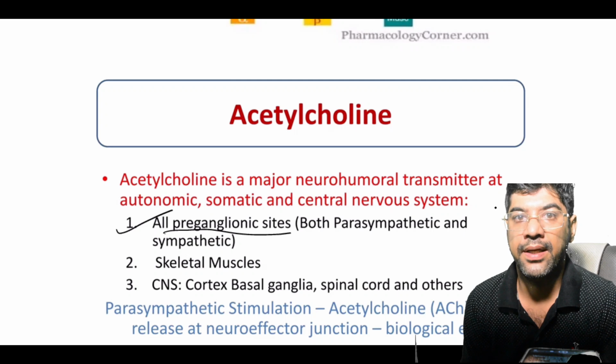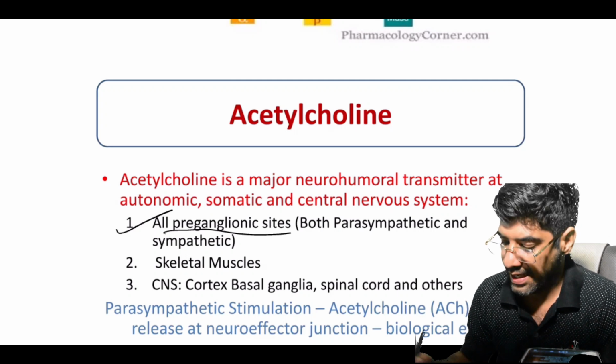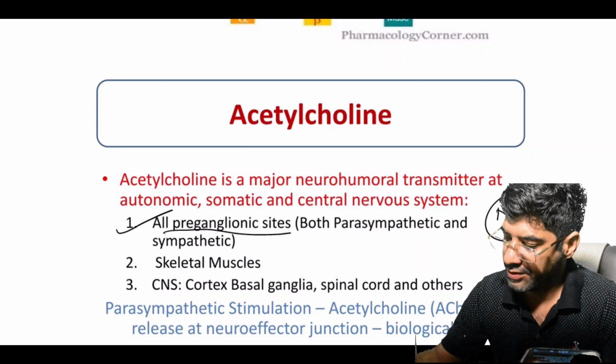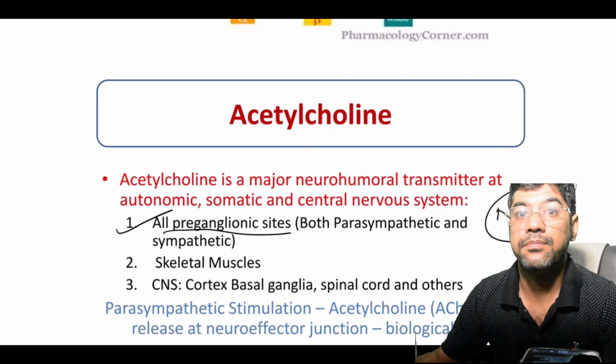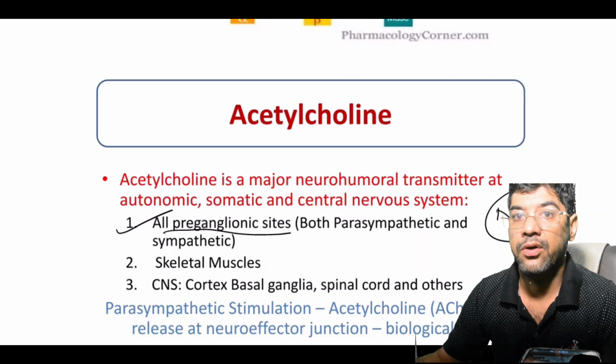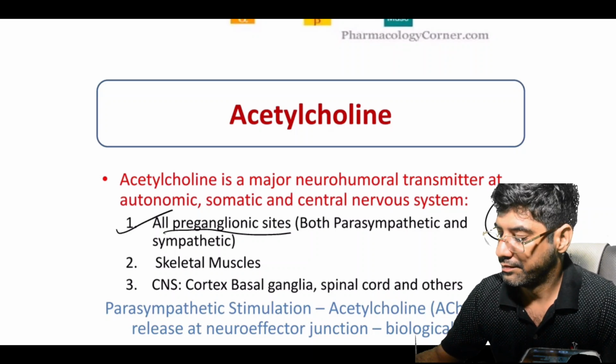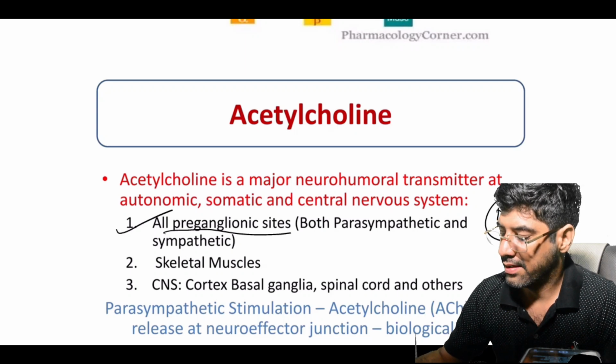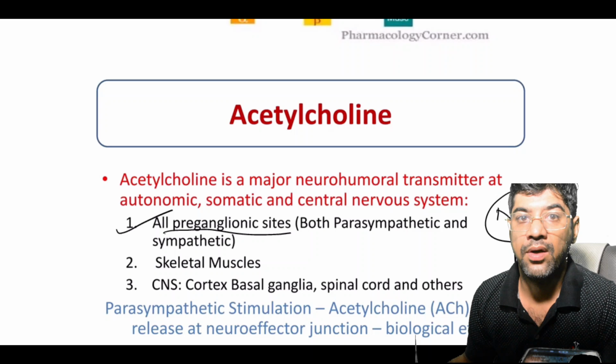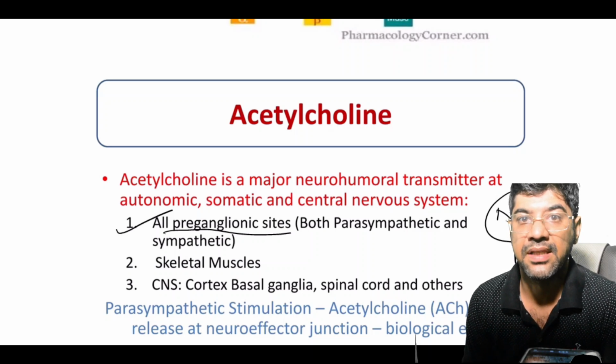Acetylcholine is released at the neuromuscular junction, where it binds to the nicotinic receptor to trigger muscle contraction.